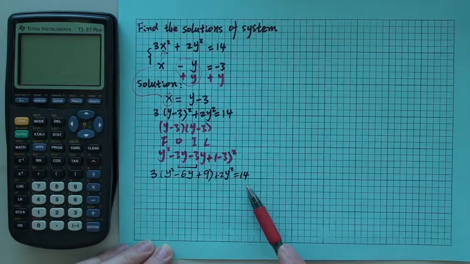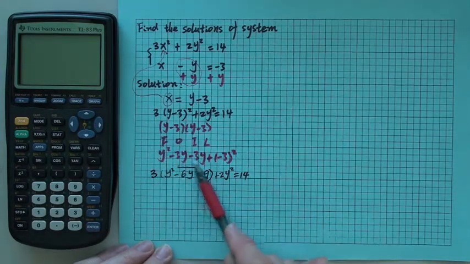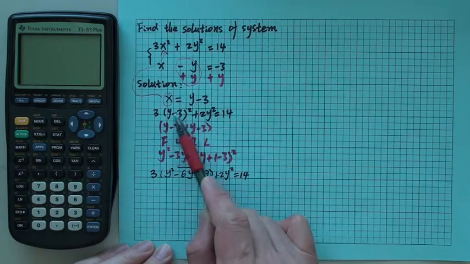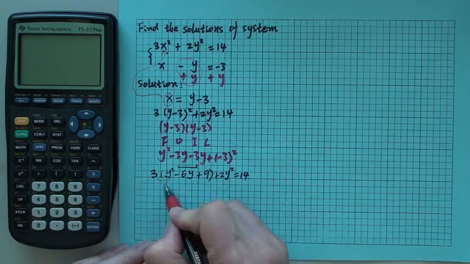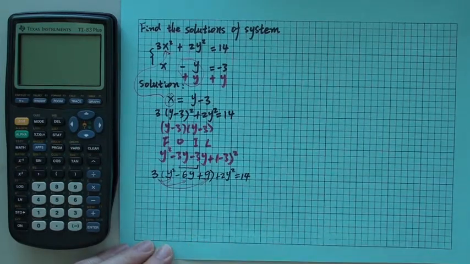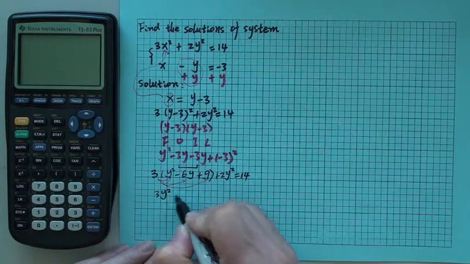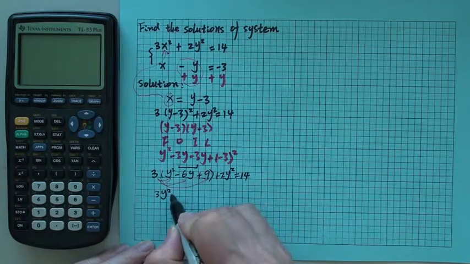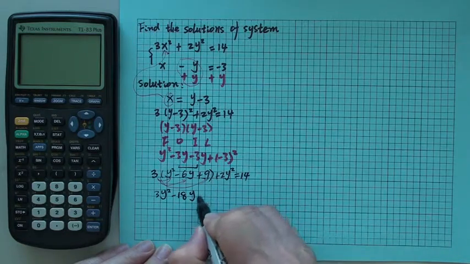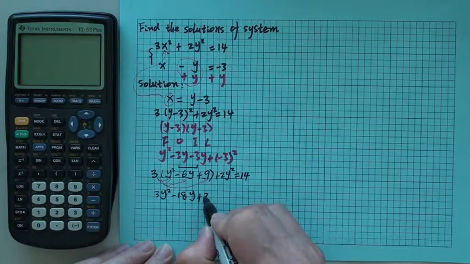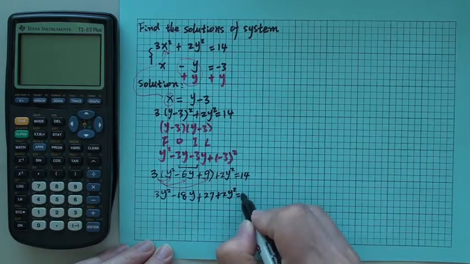You see 14, 14, 2y squared, 3, 3, and the red part tells us y minus 3 squared is the one right here. Then by the distributive property, we now have 3y squared, 3 times -6 is negative 18y, plus 27, plus 2y squared equals 14.